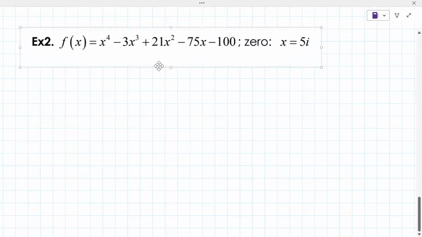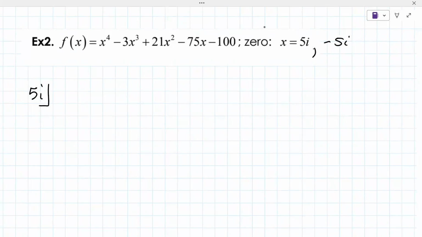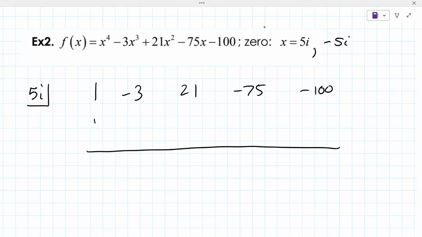So it looks like more of the same, right? This is maybe slightly easier because it's 5i and then minus 5i are the roots. These aren't as bad because it's not foiling every time, but it's still easy to make some mistakes here.